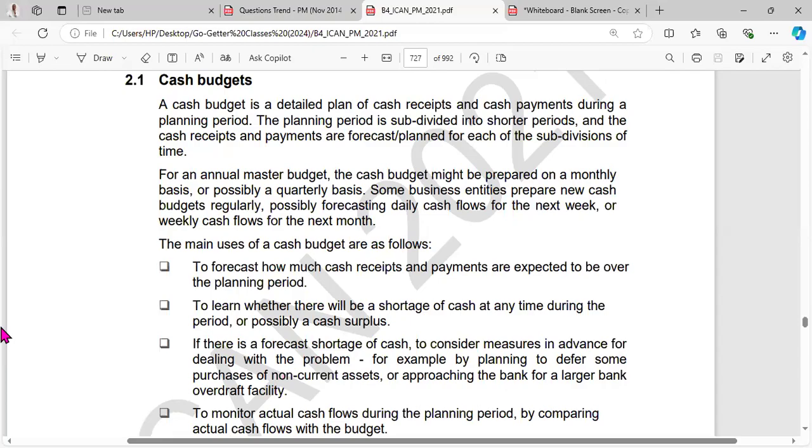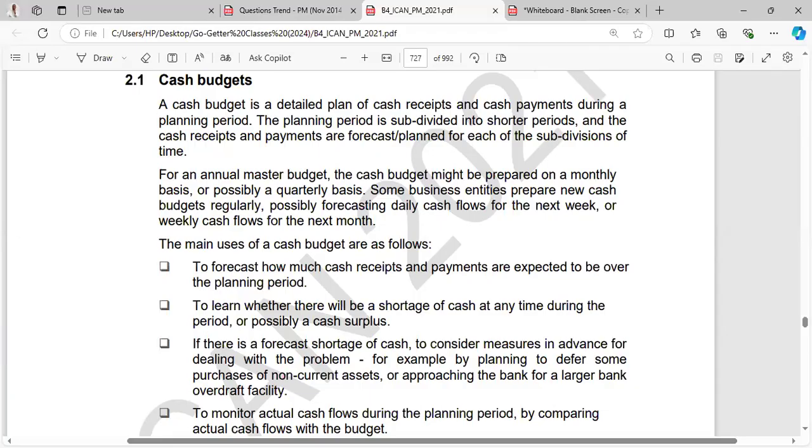Either you borrow or so. Or if there's going to be a surplus, we invest it. If there's a cash shortage, consider measures in advance for dealing with the problem. So if there's going to be a cash shortage, what measures can you take to ensure that there is no cash shortage?